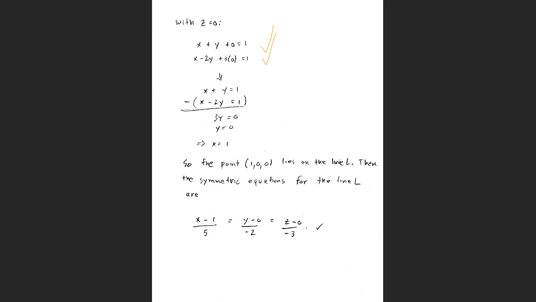That means I can substitute z equals 0 in the first plane and in the second plane, and then solve for x and y. Okay, so it turns out that y equals 0 and x equals 1. So the point 1, 0, 0 lies on this line L.